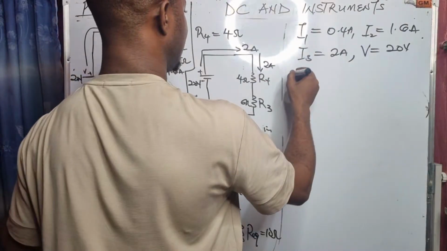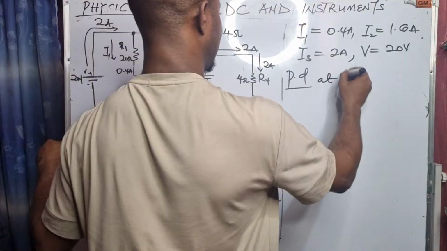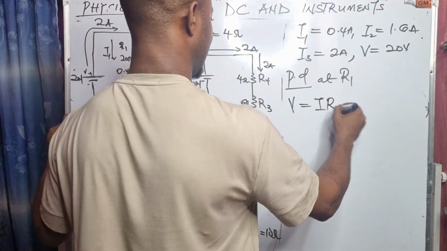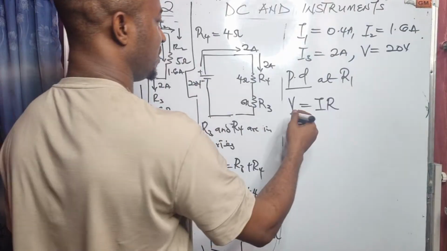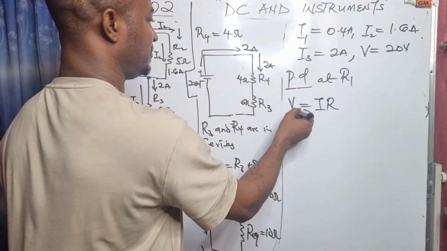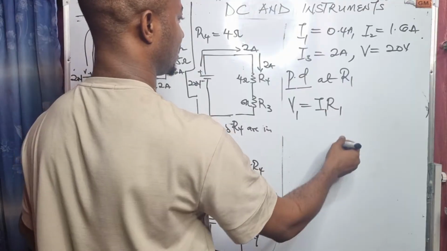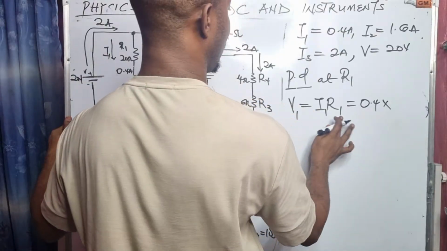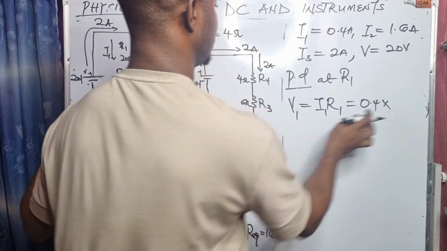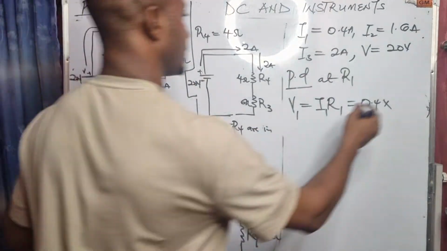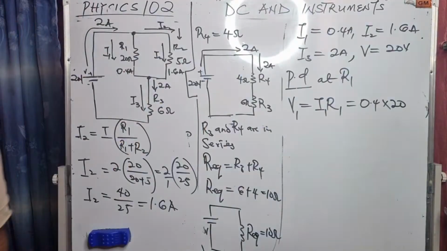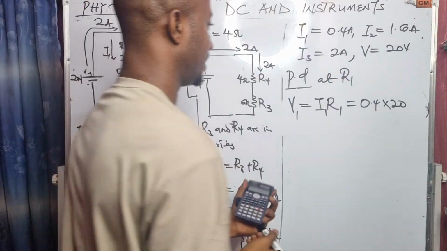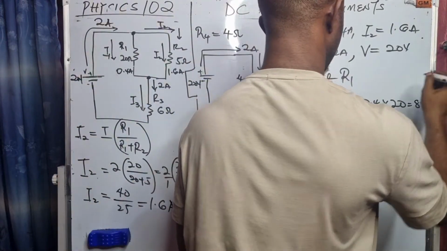The next question says find the potential drop, or PD, across each of the resistors. PD at R1. From Ohm's law, V equals to what? IR. It means to find my PD at R1, I'm going to use V1 equals I1 R1. So my I1 is 0.4 times R1, which is 20. 0.4 times 20 will give me 8 volts.